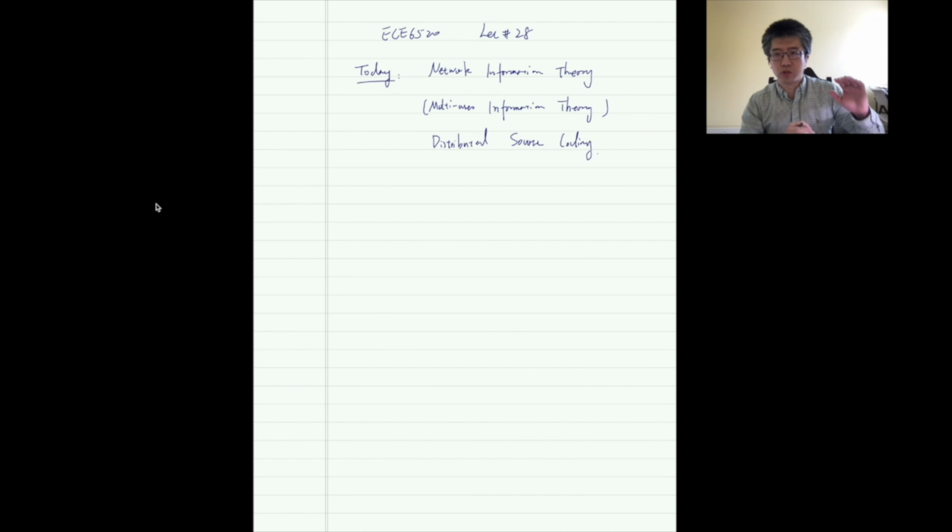We have 2 sources we want to encode, and at the receiver side, we want to recover both of them simultaneously. In particular, distributed source coding is sometimes also called Slepian-Wolf coding. So these are the 2 names.